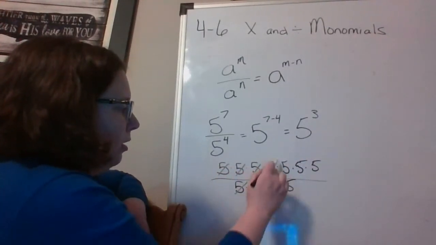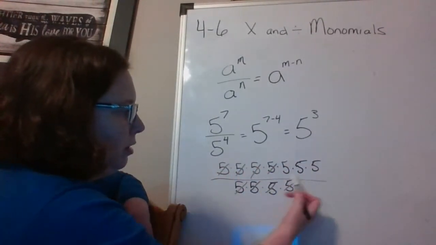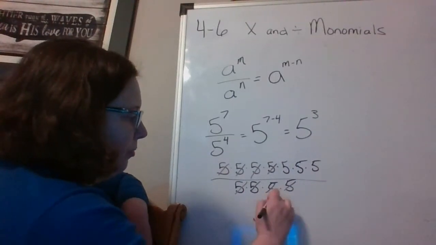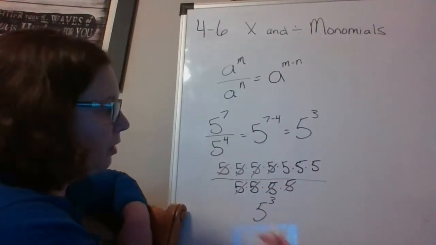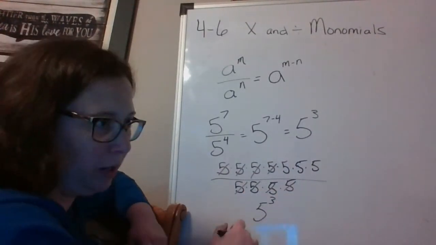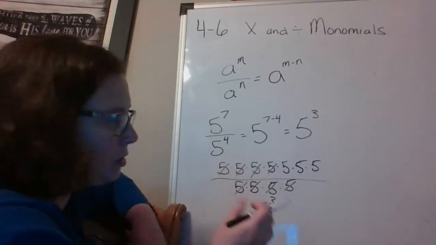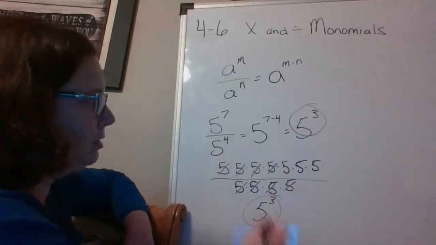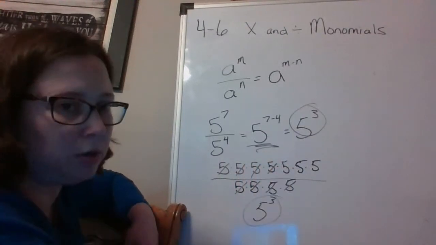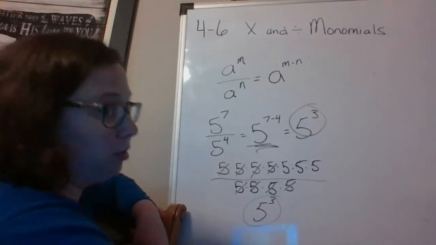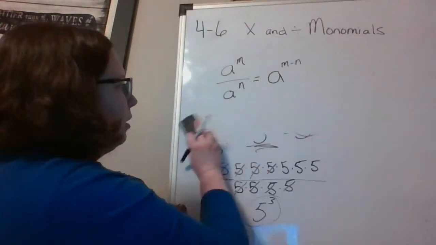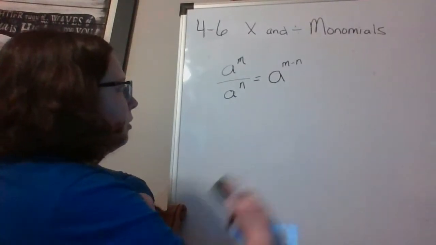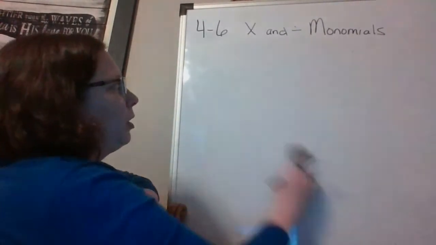So I can cancel all those out, and look what I'm left with. 3 5's. Nothing on the bottom, which means my denominator would be 1, which means it goes away. So you can see I get the same answer both ways. Using the rule helps you to have a lot less work. So we like that when we can cut our work down.